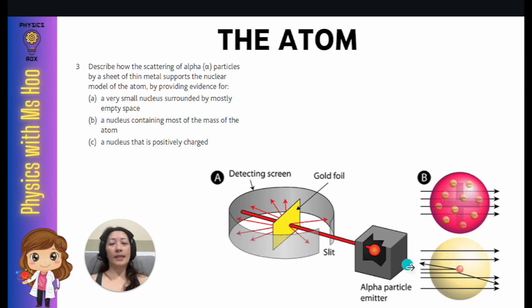A small percentage of the alpha particles are scattered, where some will be deflected and they change direction, and a very tiny percentage is reflected backwards. So what these suggest is that there's a very small positively charged core in the center, which causes the positively charged alpha particles to repel, and they change direction as well as reflect. So the name for this positively charged core is the nucleus.